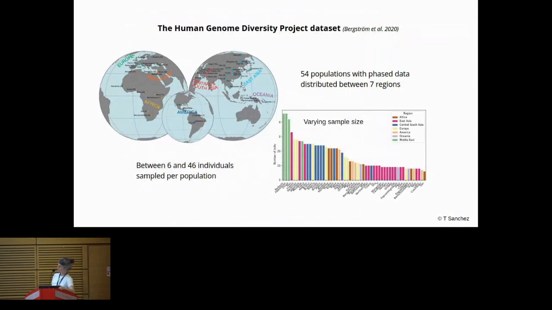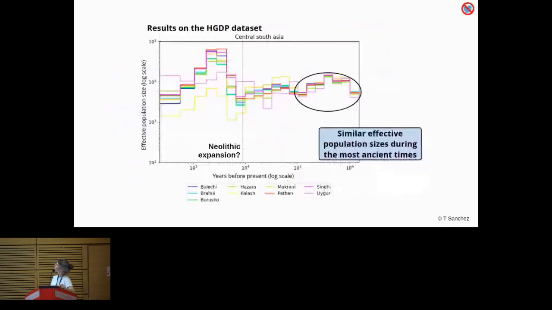And so we applied that to the Human Genome Diversity Panel, which has populations spread everywhere in the world. That's a good use case as well, because, as I was saying about this property, populations might have a different number of samples.